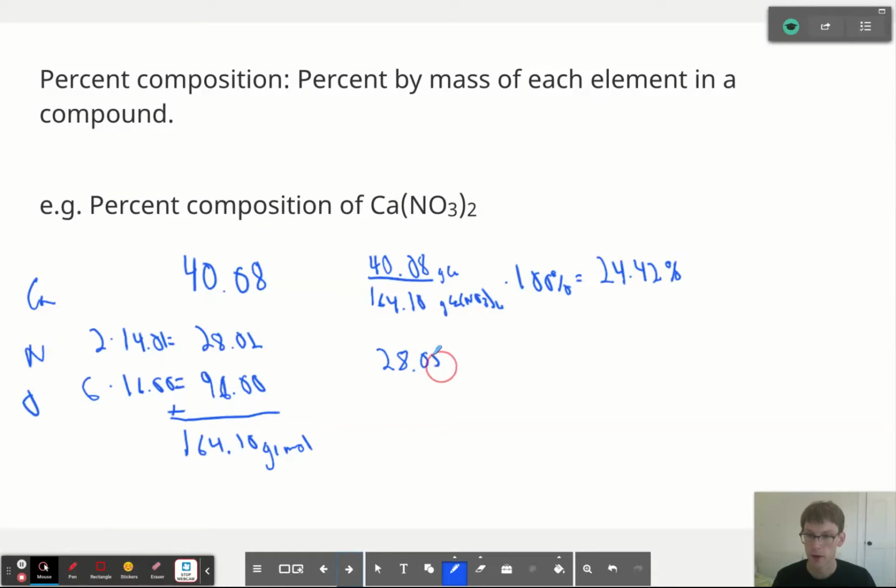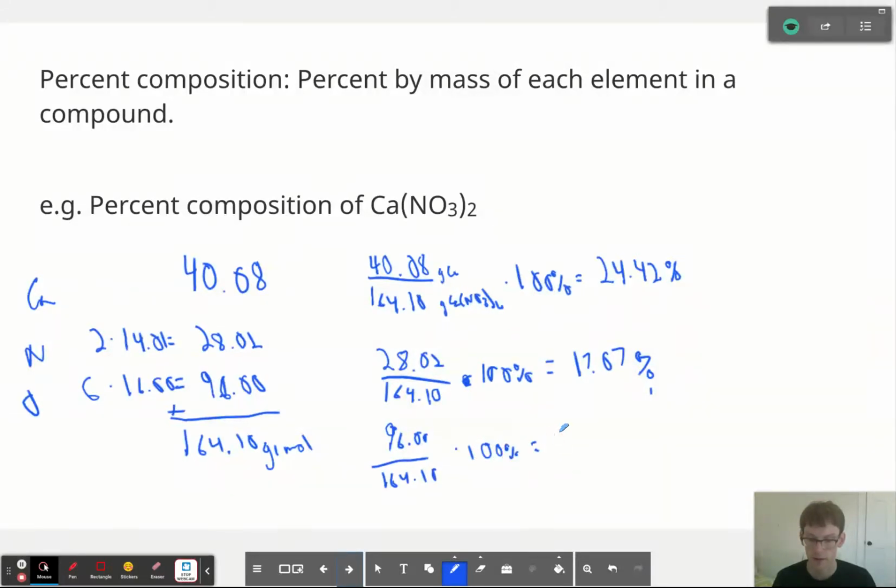For nitrogen, we have 28.02 over 164.10, and when we multiply by 100%, that's going to give us 17.07%. And for the oxygen, that's going to be 96.00 over 164.10 times 100%.